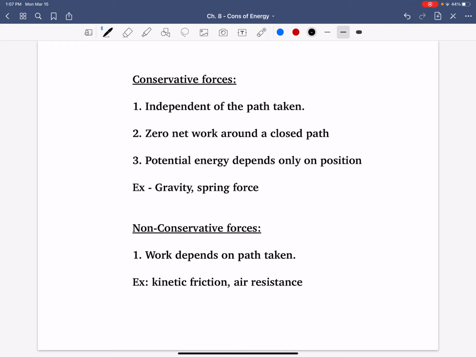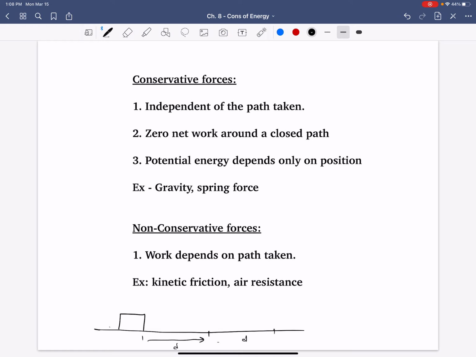If you push a block across a floor, if it starts there and ends, say, here, that's some distance we'll call d, and it gives off some energy due to friction, right? It loses energy, or it heats up, because of kinetic friction between the floor and the box. However, it's going to lose more energy if it goes even further, say to 2d, right? So that amount of work done depends on the path taken.